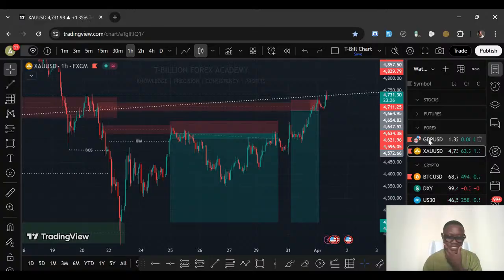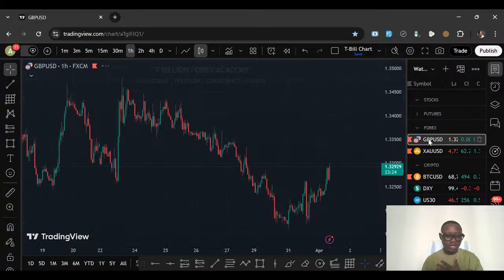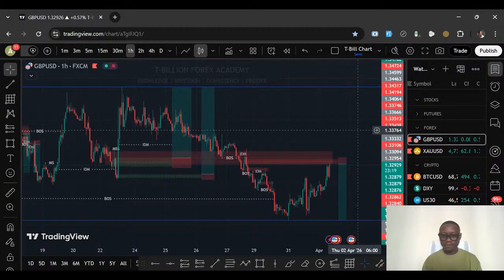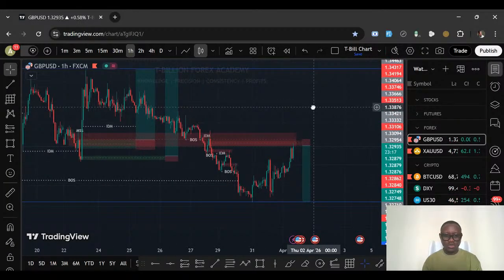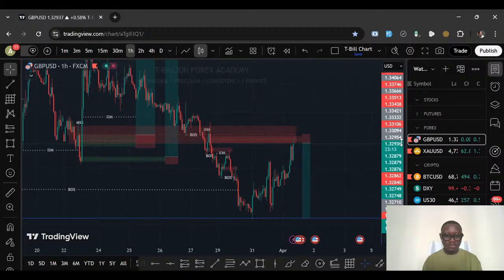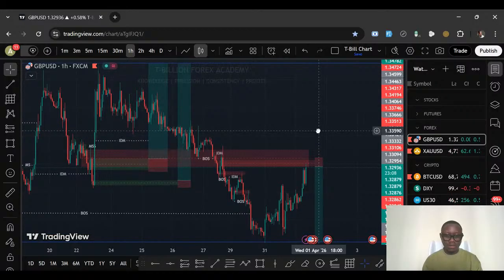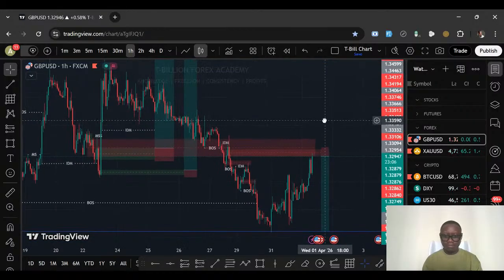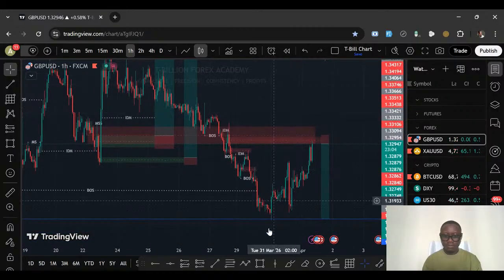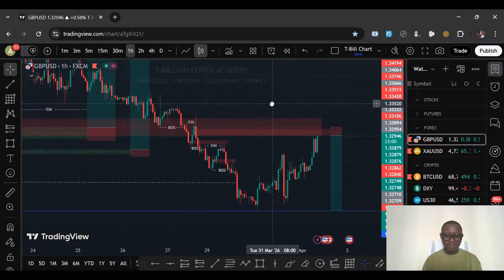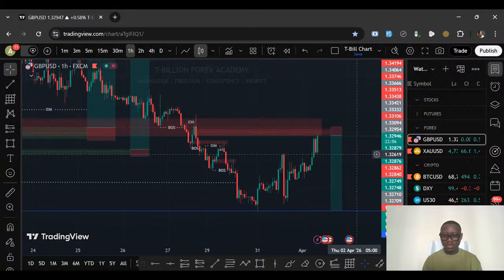Let's look at GBPUSD briefly before we dive into our market analysis for today. So on GBPUSD, this is our setup in our last session.